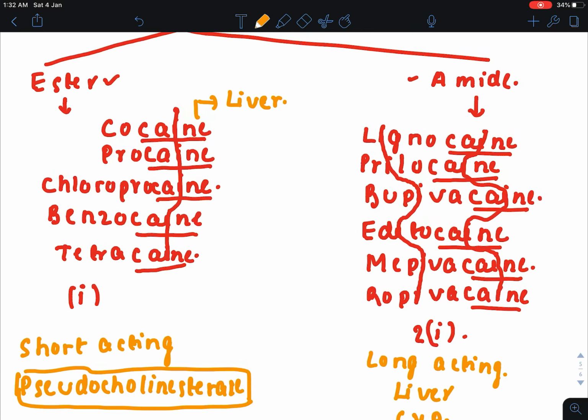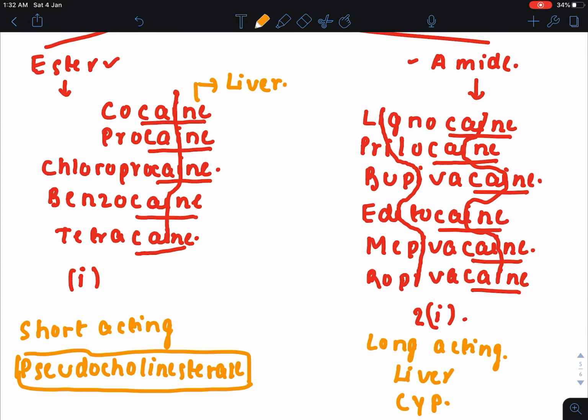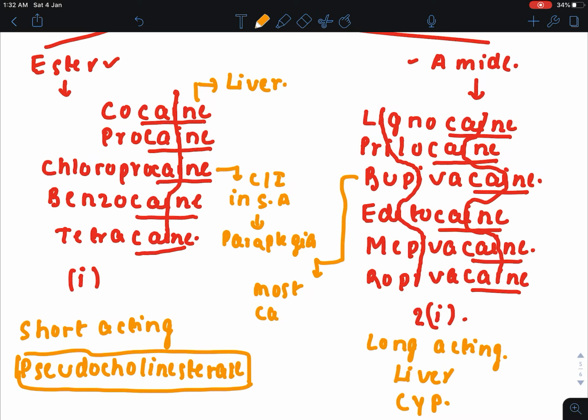Now, chloroprocaine is contraindicated in spinal anesthesia. It causes paraplegia. Bupivacaine is the most cardiotoxic.